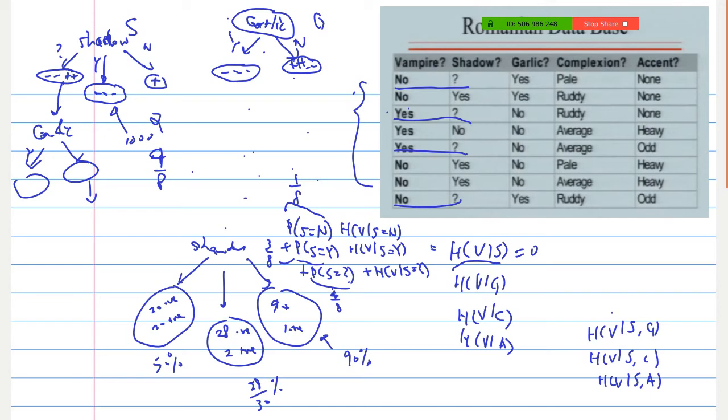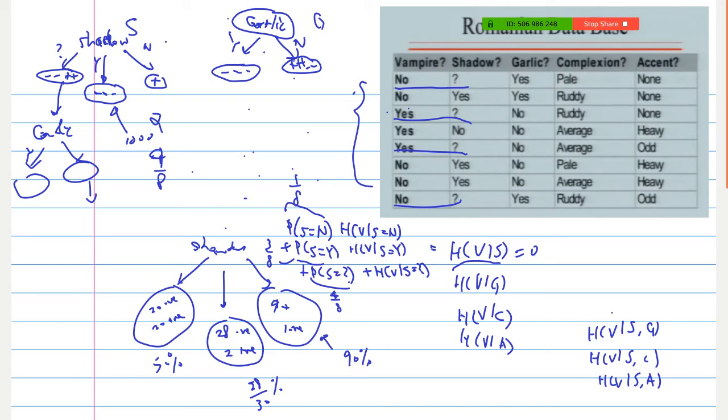And what is H(V|S=N)? Let's count here. N is here, N is here.